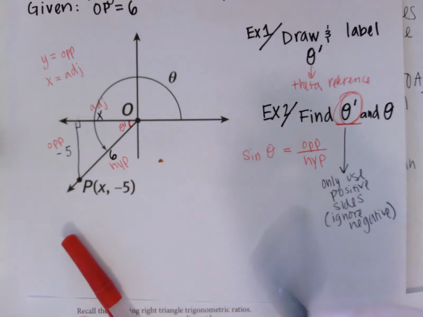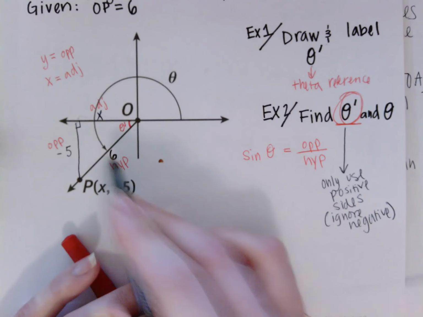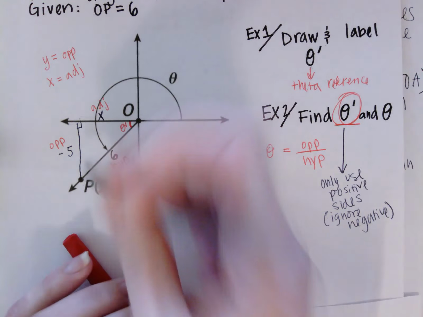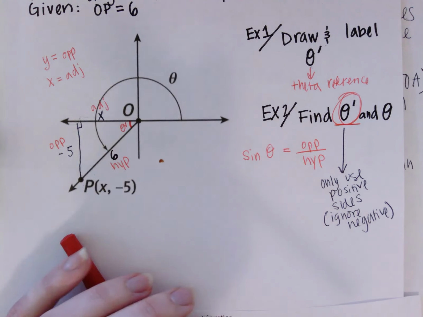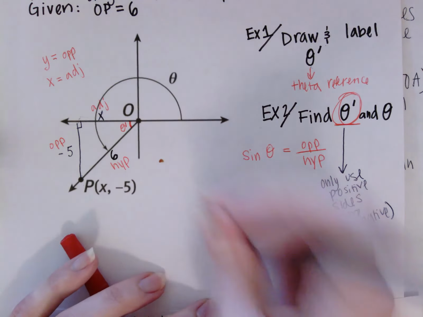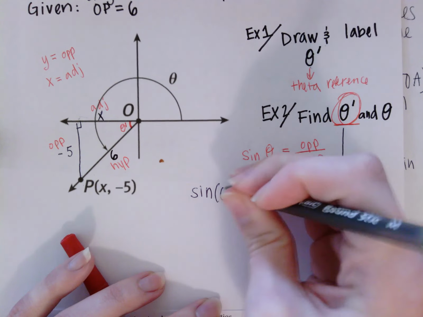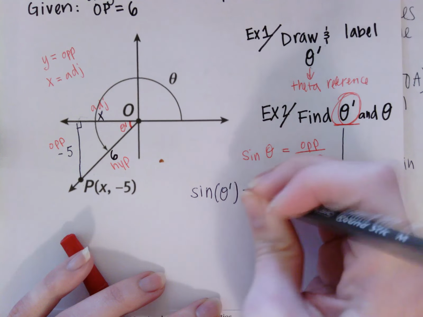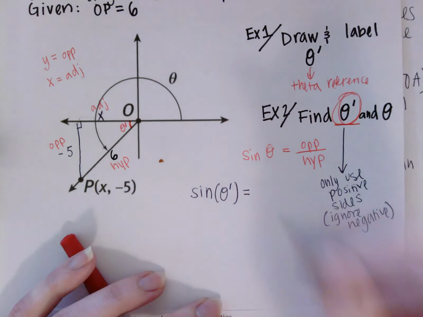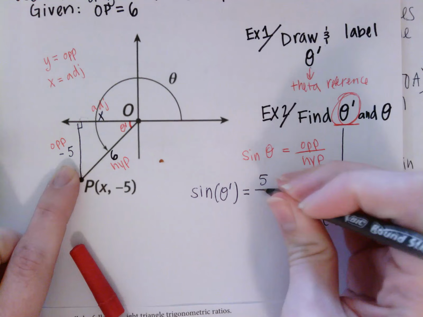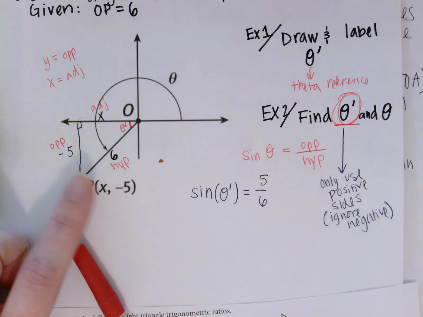So I'm going to be finding theta reference, because that's the angle in the triangle, by using the opposite and hypotenuse. However, my opposite is -5. I'm just going to consider that 5. So I'm going to set this up as the sine of theta reference equals the opposite, which is -5, but I'm going to be using 5, over the hypotenuse, which is 6.